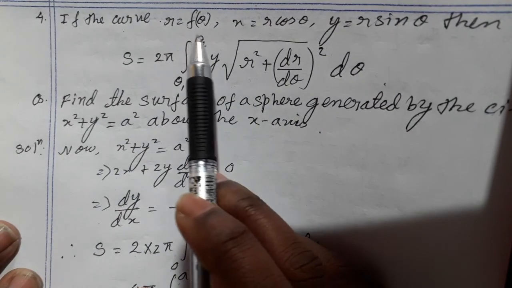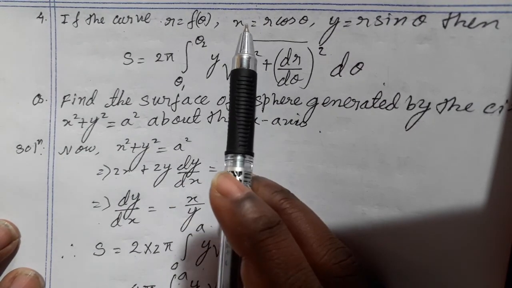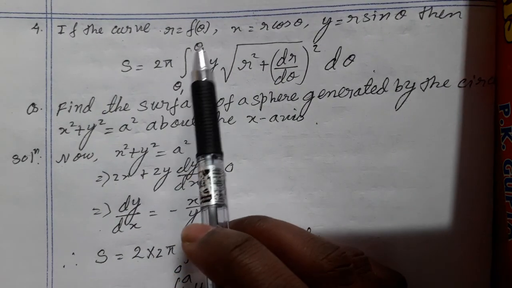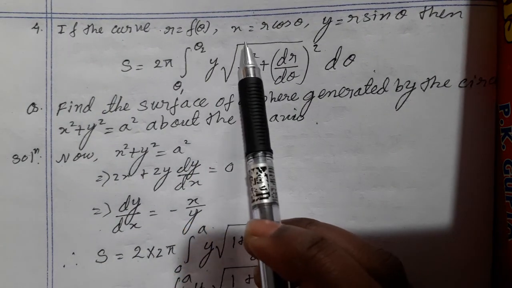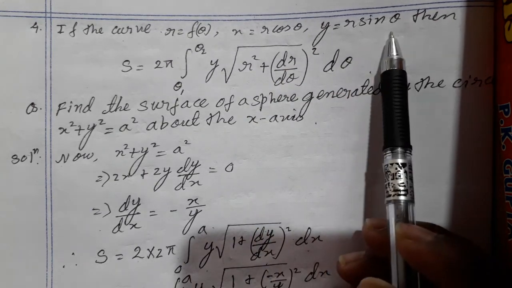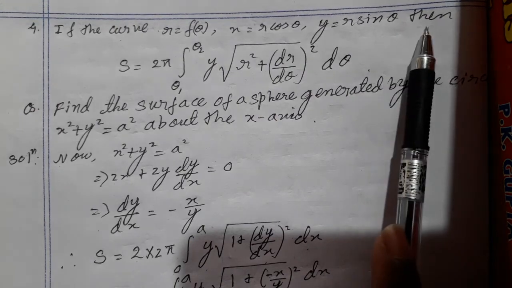So if the curve is expressed in polar form, if the curve is written as r equal to f(theta), then we always have x equal to r cos theta, y equal to r sin theta.